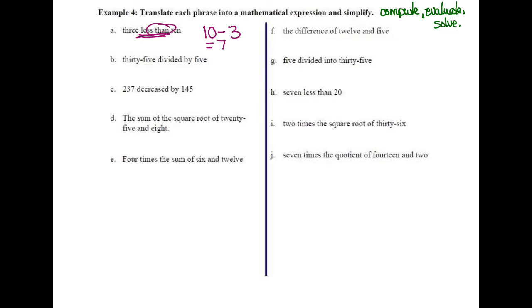B, 35 divided by 5. Now we're writing an expression, so you could write it this way, or you could write it this way, or a diagonal fraction. I don't like those, like I've said, but those are the only 3.